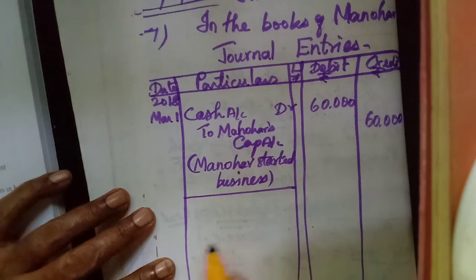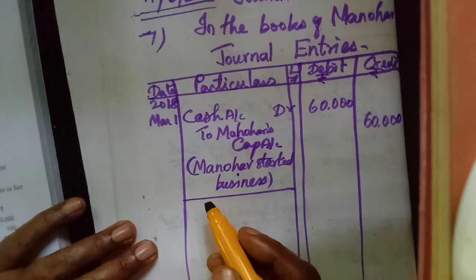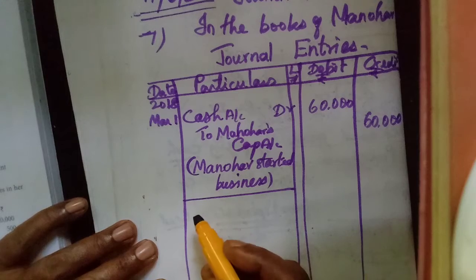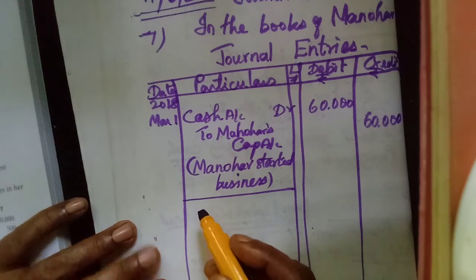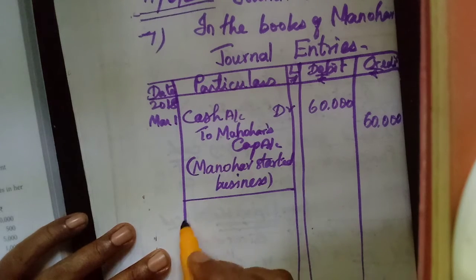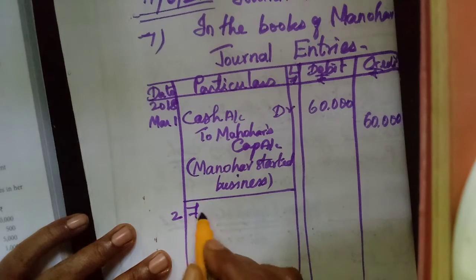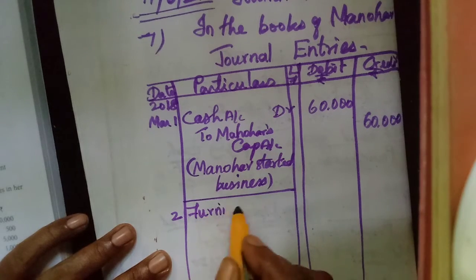Then draw one line. Then second transaction, purchased furniture for cash. So the two accounts involved are furniture and cash. Furniture is coming in, so furniture account debtor, date 2. What is going out?